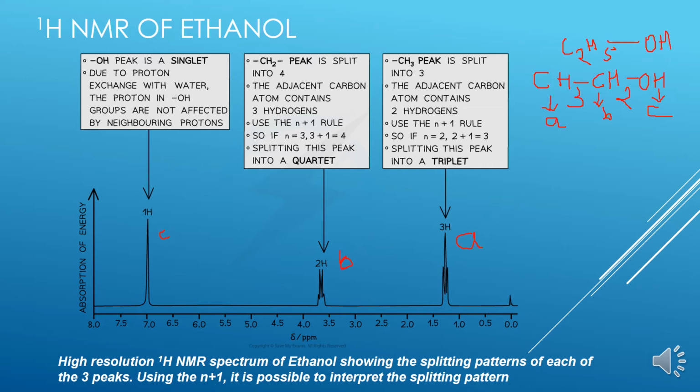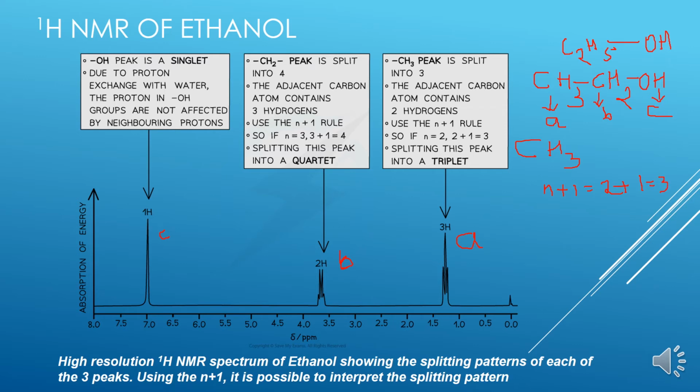So let us go for the number of splittings. For CH3 splitting, there will be two neighboring methylene protons. By applying the n plus 1 rule for the CH3 group, the number of splittings will be 3. Remember, two neighboring protons are there, therefore it is 3.